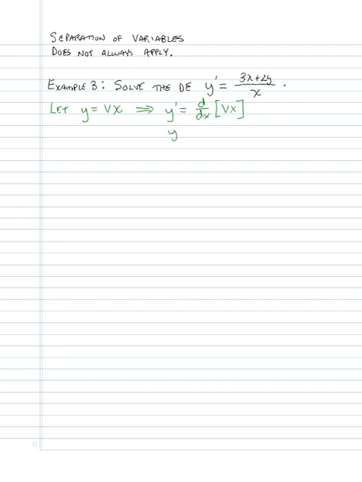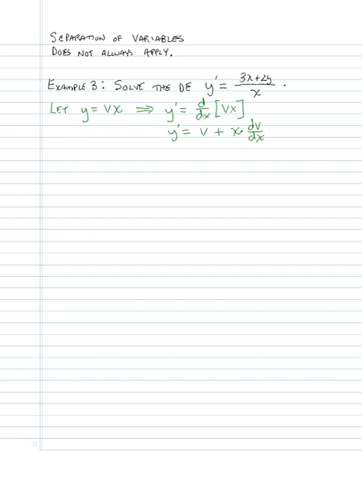And so the product rule tells us that it's the first function times the derivative of the second, but the derivative of x with respect to x is just 1, plus the second function, in this case that's x, times the derivative of the first function, of course, with respect to x. So y prime is v plus x times dv over dx.